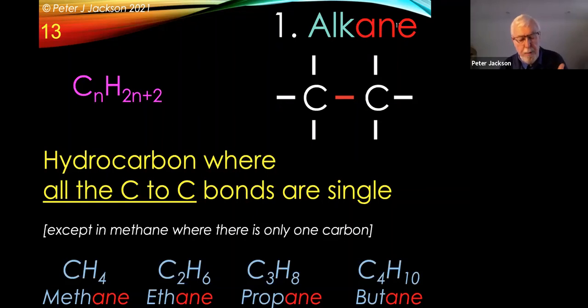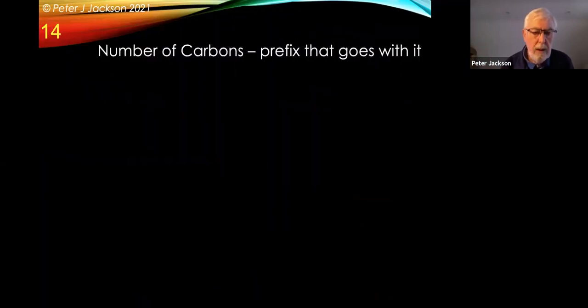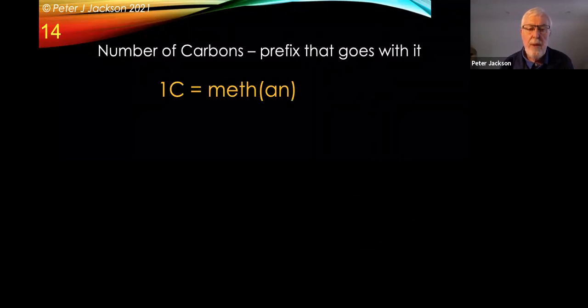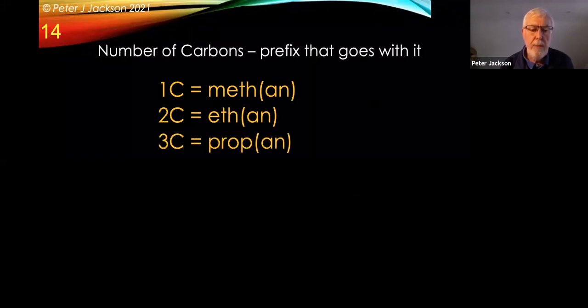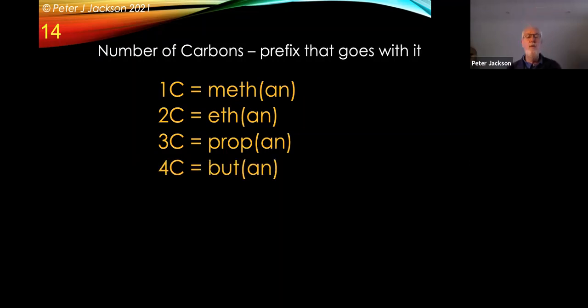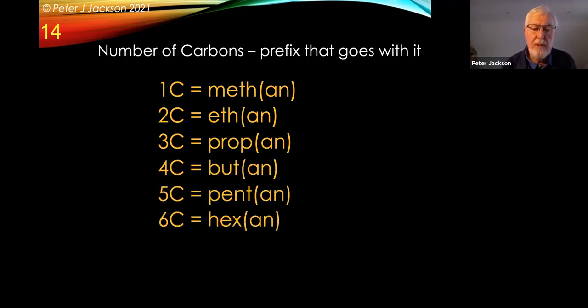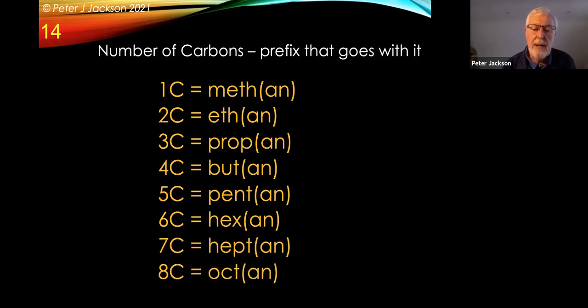Methane, ethane, propane, butane, pentane, hexane, heptane, octane is as far as you have to know. So the number of carbons and the prefix that goes with it: if you've one carbon, it's either meth or methan; 2 carbons, eth or ethan; 3 carbons, prop or propan; 4 carbons, but; 5 carbons, pent; 6 carbons, hex; 7 carbons, hept; and 8 carbons, oct.